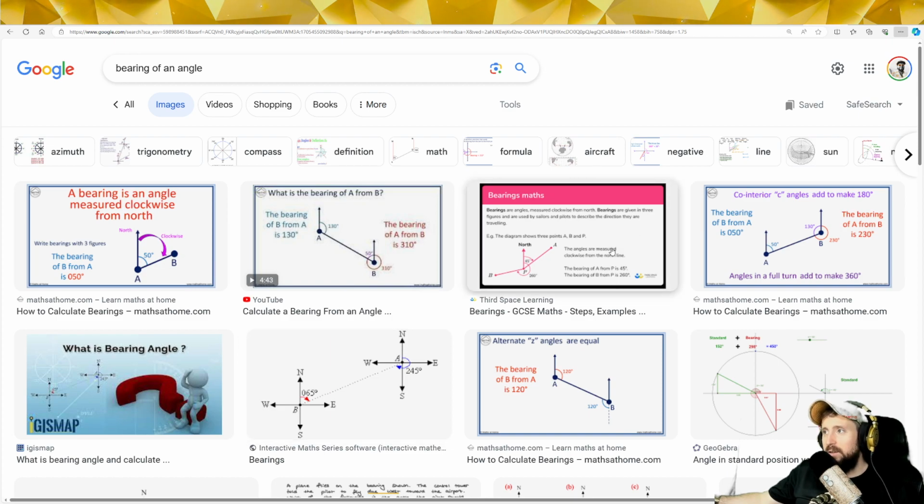It's so weird. They want you to find the bearing of B from A is 50 degrees. The bearing of A from B is 230. Is it 230? Oh, it is. Okay. That's cool. Kind of weird.